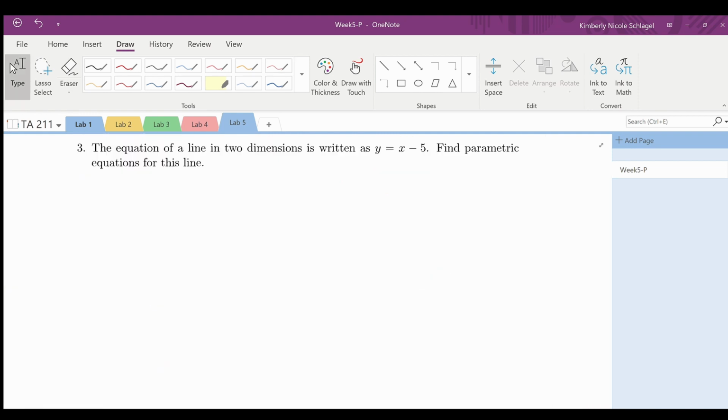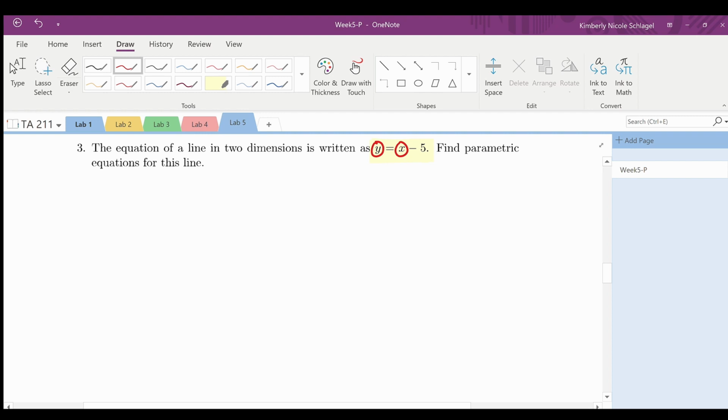So this question is asking us to find the parametric equations for this line right here. This is just a line in 2 dimensions, and we have to find parametric equations for it. Parametric equations means that we want to have y and x in terms of another parameter.